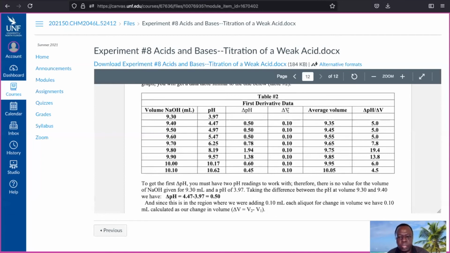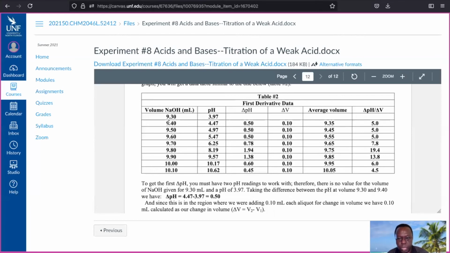Now, change in volume is the same thing; we don't have anything to subtract with for 9.0. So 9.40 minus 9.30 is 0.1. 9.50 minus that is going to give you that. So this change in volume is from this column right here. Change in pH right here is coming from this column. If you have this and that, you'll find the average volume. Average volume is this plus this, and then you divide by 2.